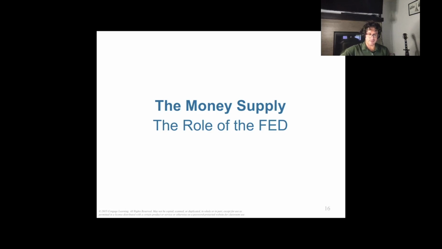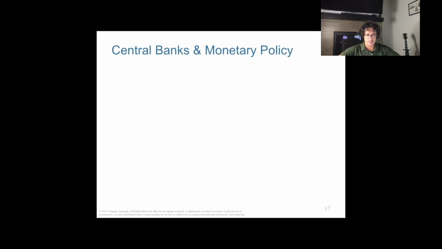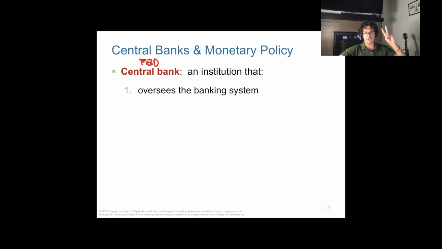Okay, the money supply that we realize can be measured as M1, M2. There are other, broader definitions, when we go from here to here, less liquid. Now we try to understand the role of the Federal Reserve in controlling and creating the money supply. First of all, the central bank, the Federal Reserve, the Fed, is an institution that has two functions.